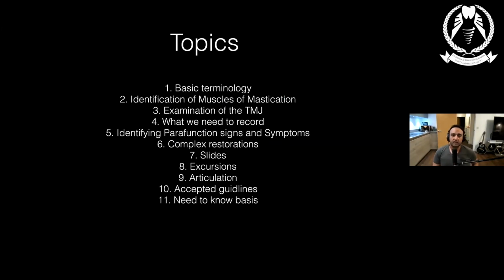The topics are the terminology, which I'll recap, identifying the muscles of mastication on your patients and when they're pathological or overused, and how we would examine the temporomandibular joint for abnormalities, and when they're relevant and when they're not. We'll cover what you actually need to record for implant dentistry when doing a full case assessment. And I think the really important bit is identifying parafunctional signs and symptoms with your patients, and knowing cause and effect.